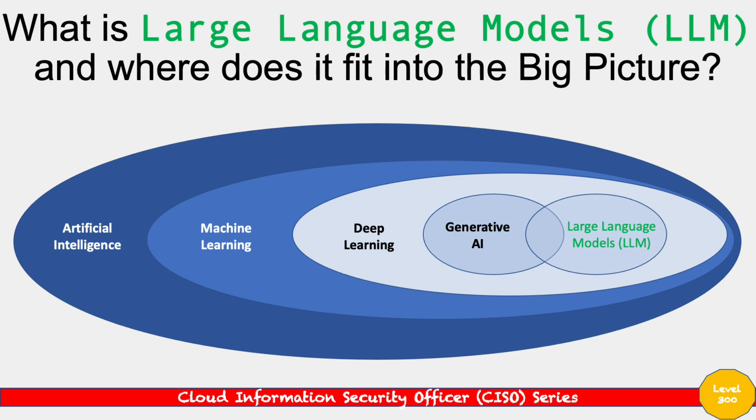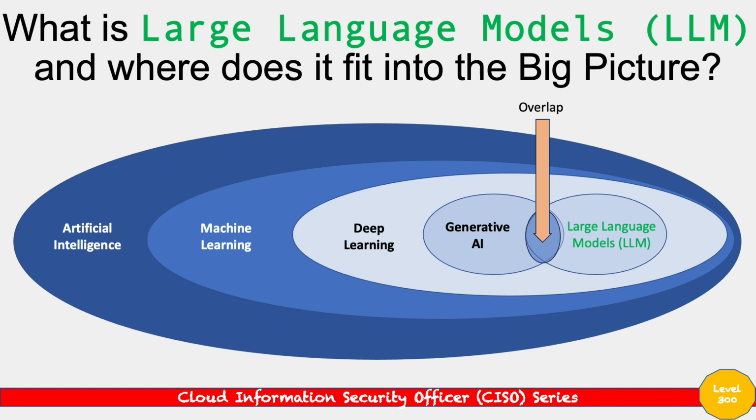In the previous course, we learned that neural networks play an important role in deep learning. And just like generative AI uses neural networks, large language models also use neural networks. If you look at the diagram, you'll notice there is an overlap of generative AI and large language models.